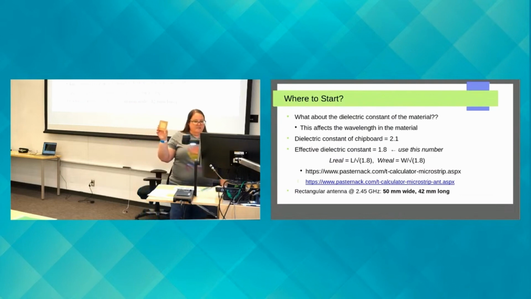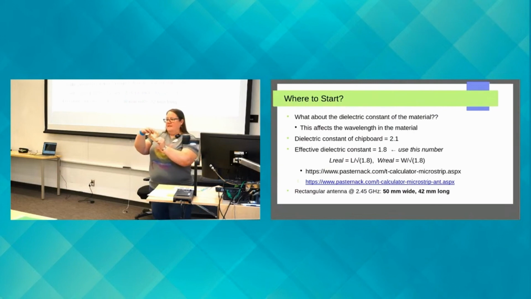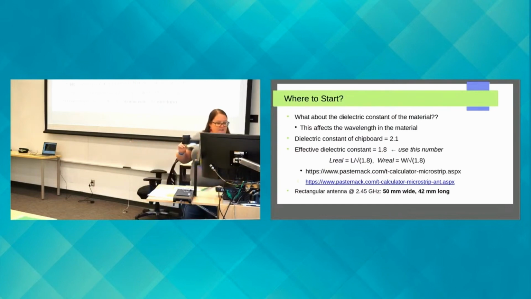And so that's great. But there's one more step. Since half of your antenna underneath is seeing the chipboard, but the other half on top is seeing the air, you have to take both of those materials into consideration, not quite average them out. And that is the effective dielectric constant, which is about 1.8. Fortunately, there are online calculators to help you with those, so you don't have to worry about doing the math yourself because that gets a little complicated.